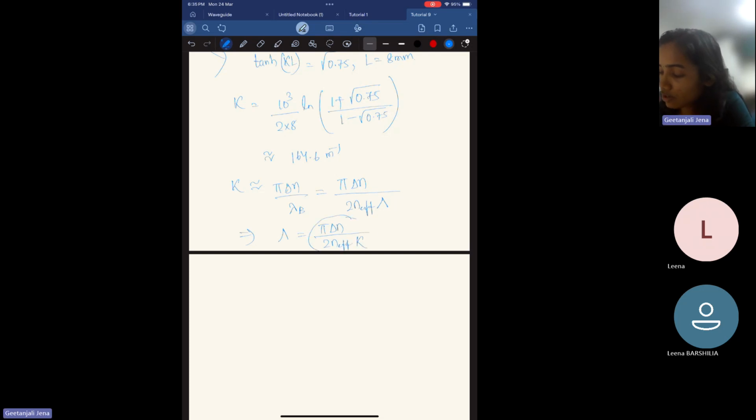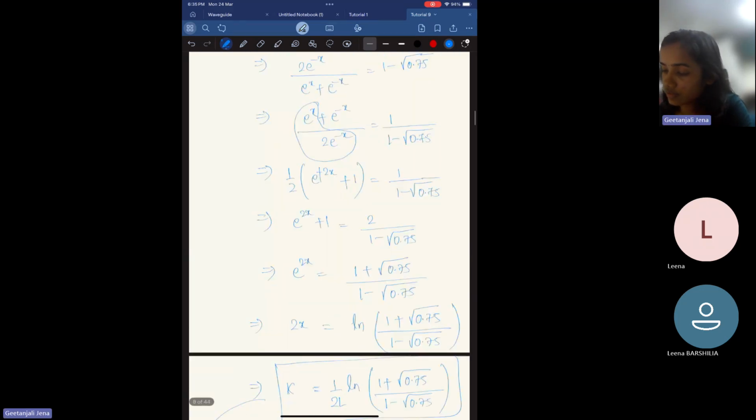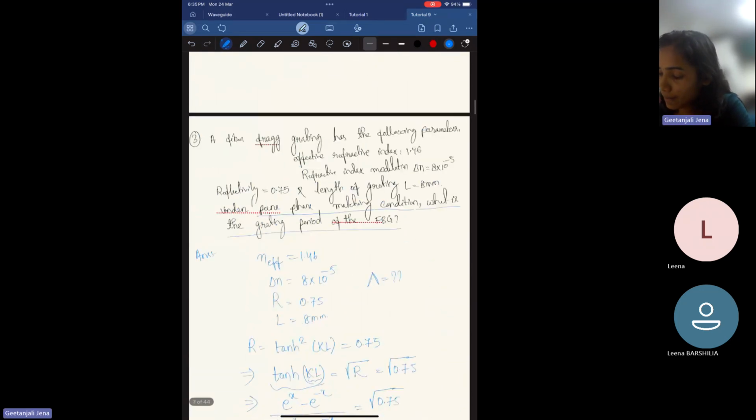So all the parameters we already know. The κ we have derived, but all other parameters are given. So Δn is given, 8 × 10^-5. n_eff is already given, 1.46. I think it was 1.46.